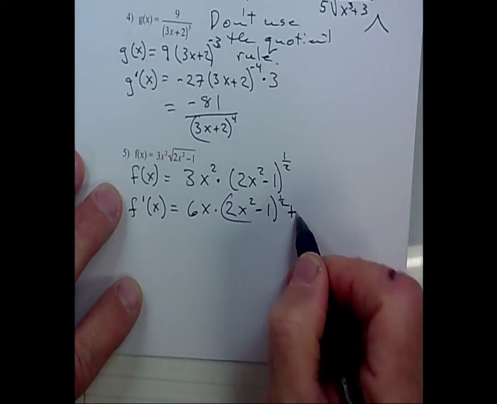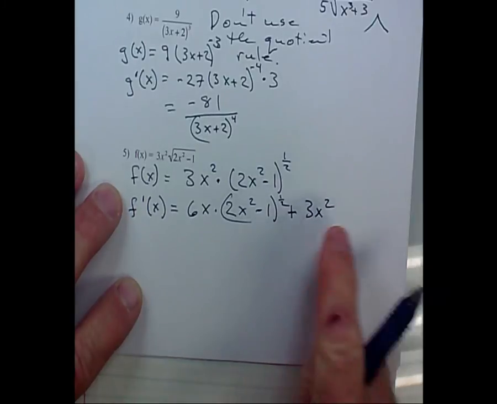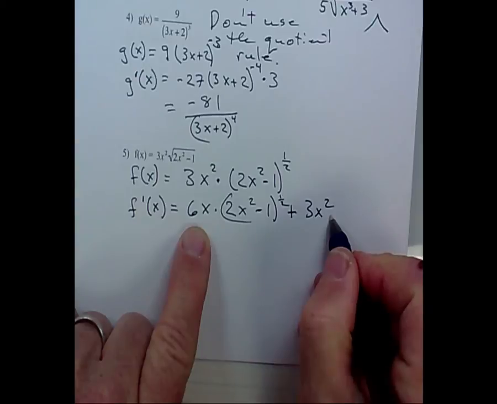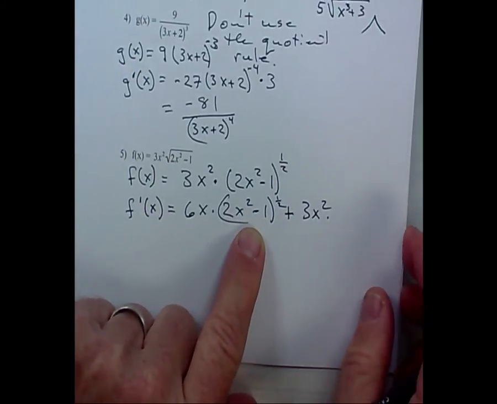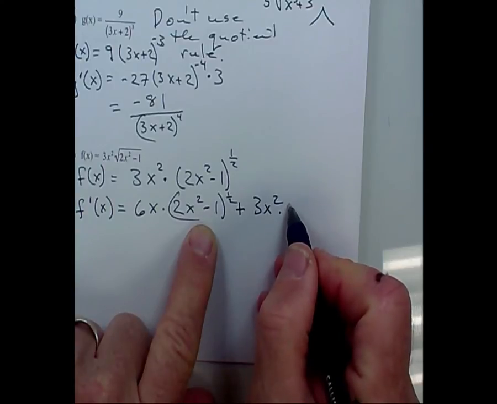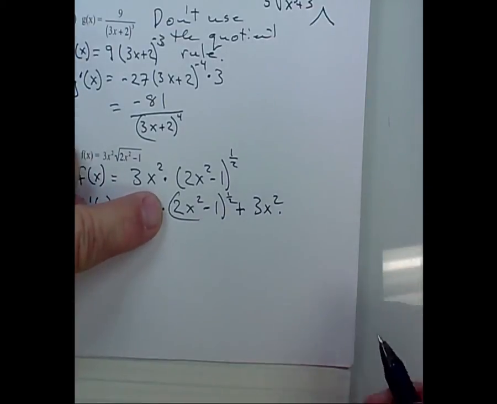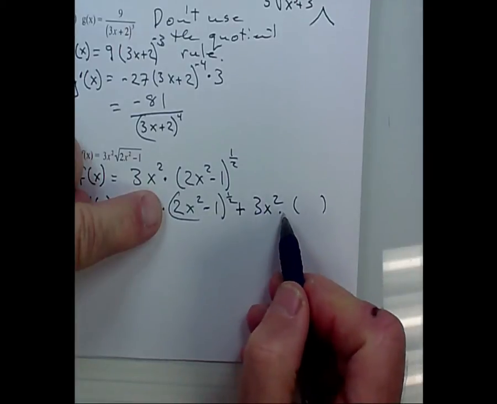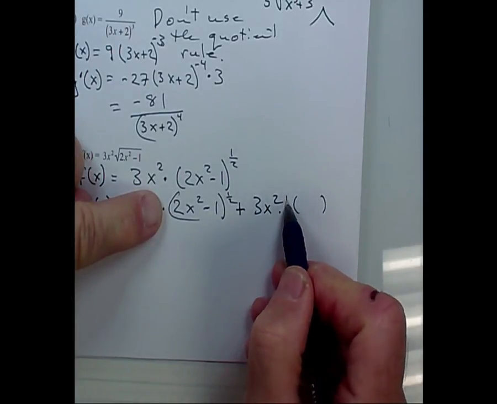And then you're going to write plus, and then you're going to write the 3x squared. You already did this one, it's here, correct? So now you're going to multiply by the derivative of this one. So tell me what you get. Just look at it like this. What goes in front of those parentheses? 1/2.